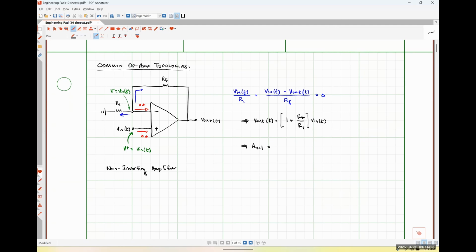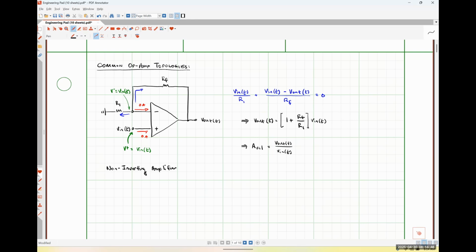Another way to think about that is this is the amplifier's voltage gain with feedback taken into account, because we have a feedback system here. And this is simply going to be the ratio of the output voltage divided by the input voltage. So another way to think about this closed loop voltage gain is it's kind of the transfer function of the system.